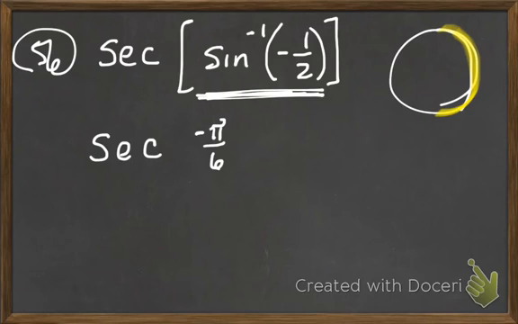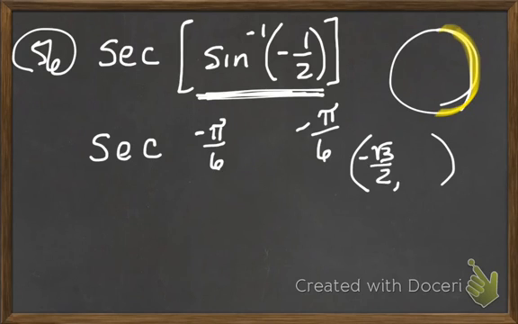So remember, secant is the reciprocal of cosine. So what's the ordered pair at negative pi over 6? Let's talk about that. What's the ordered pair at negative pi over 6? Negative square root 3 over 2, 1/2. Alright, so they want to know the secant value. And secant is going to be, are y'all sure about that?